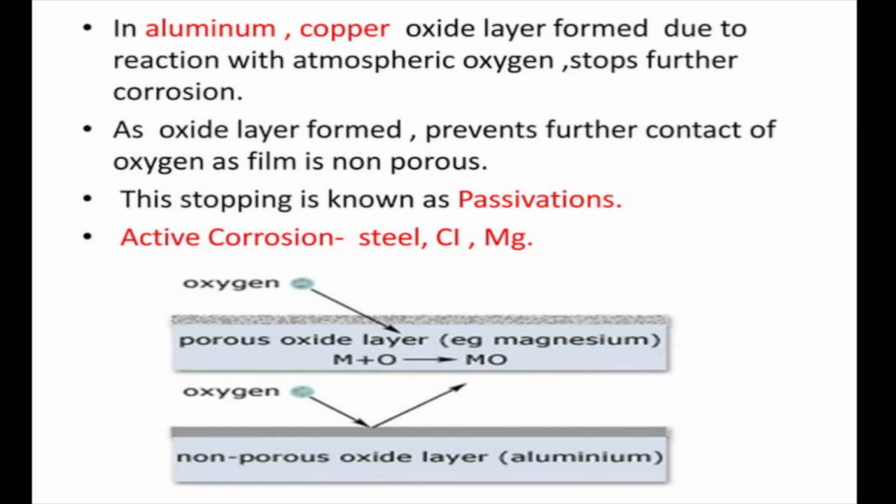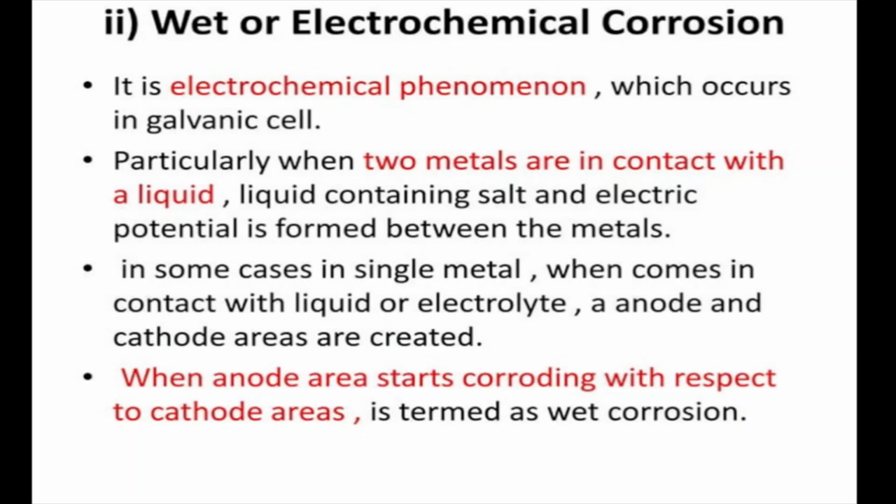Now do not think that this M plus O, MO, is the sign of magnesium oxide. M means the metallic material and O means oxygen, so it is creating a metallic oxide.